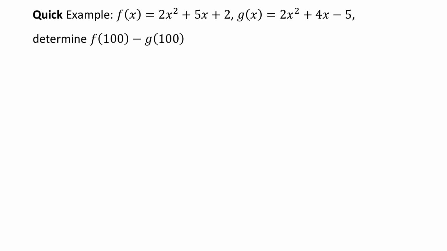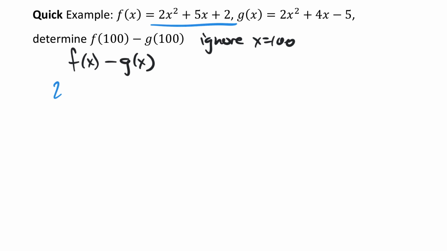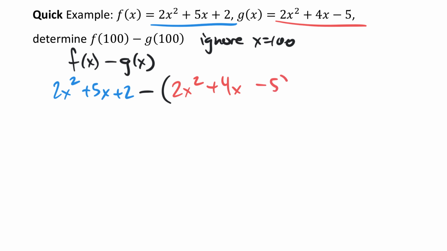All right, so if we do the shortcut, what we do is we first ignore the 100. We ignore x equal to 100. And we just calculate f of x minus g of x, the most general subtraction. We don't subtract specific values, we subtract the functions themselves. So that's going to give us 2x squared plus 5x plus 2 minus 2x squared plus 4x minus 5.